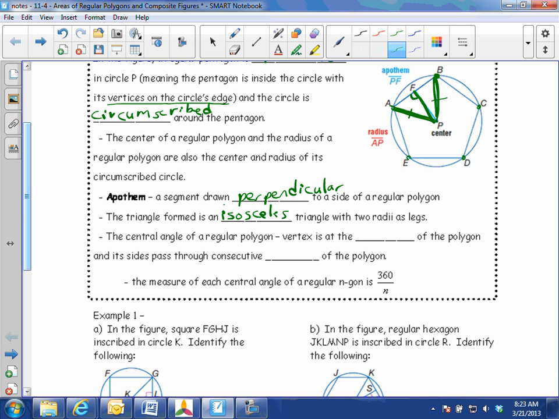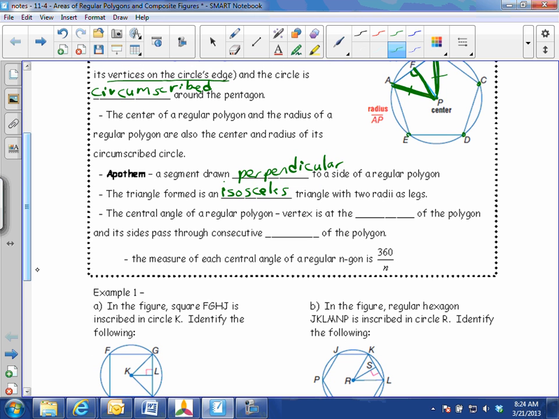Because the sides of the pentagon are all the same, so they'll be the equal distance. True. What if I was looking at the circle? Well, the radius is the same. So I know that they are radii, so they have to be the same because all radii in the same circle are equal.